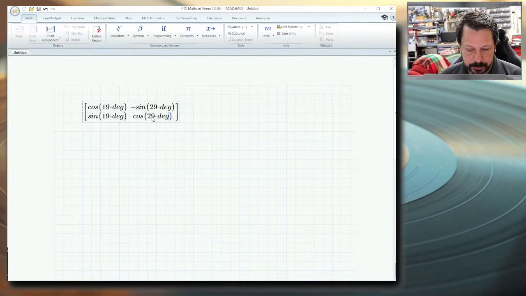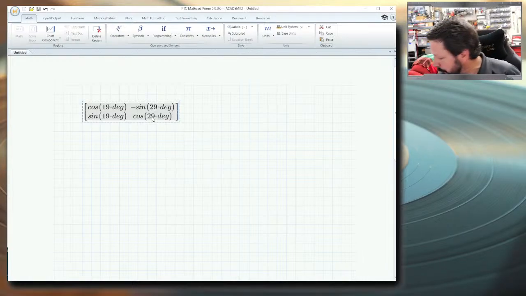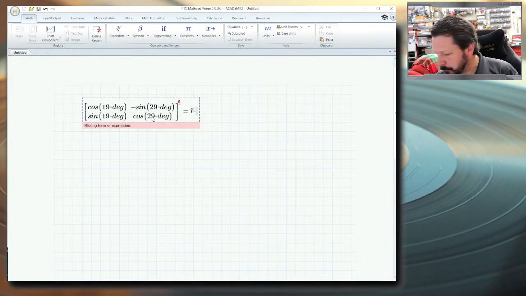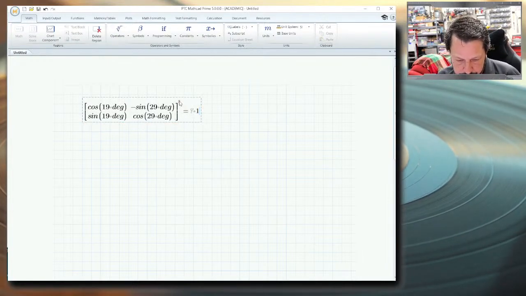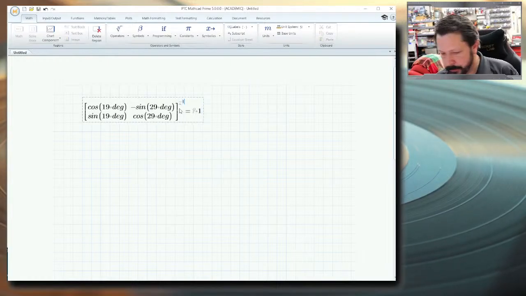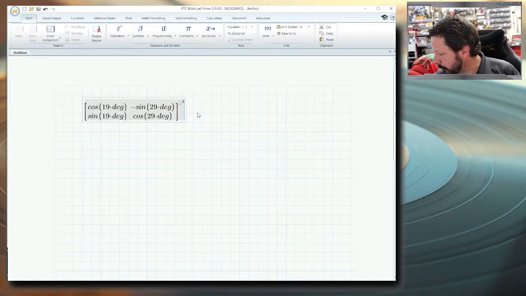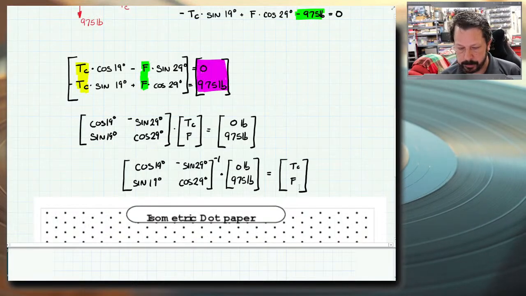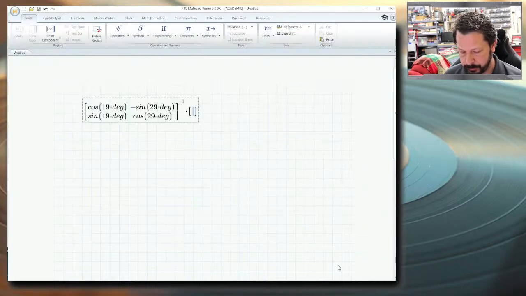This whole thing we want to raise to the -1 power. Whoops, I did the wrong thing. -1. And then we want to multiply this whole thing times a new matrix, which is the residuals, the constants, 0 pounds and 975 pounds.